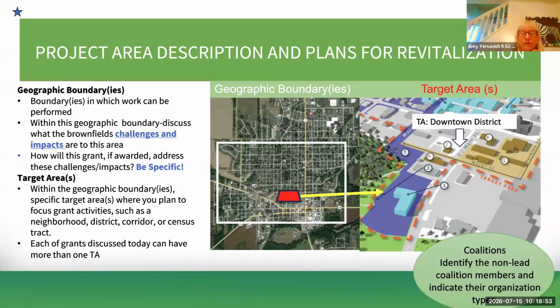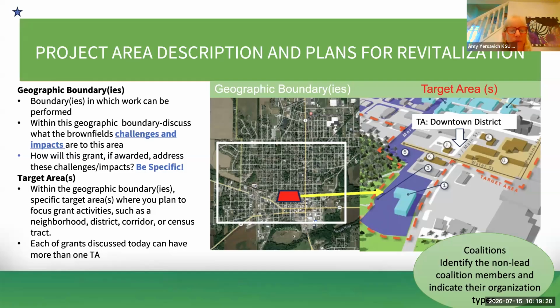Geographic boundaries is one of the things you're going to be asked to provide. Oftentimes, say you're a city, it might be the city's jurisdictional boundary. Or if you're a nonprofit, say a regional development corporation, the jurisdictional boundaries that you work with.